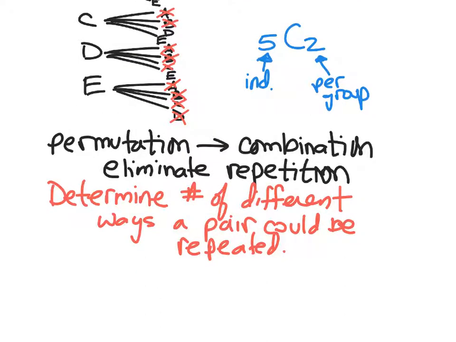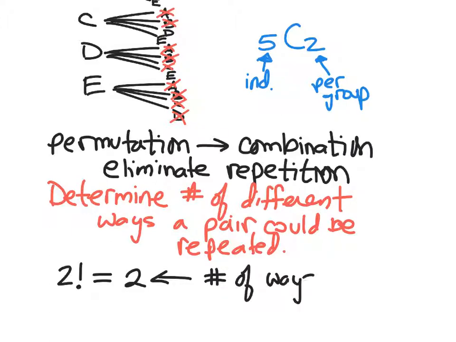So, a pair, two things. We're looking for the number of ways two things could be arranged. Number of ways two things could be arranged would be 2 factorial, which is 2. So this would be the number of ways two things can be arranged.